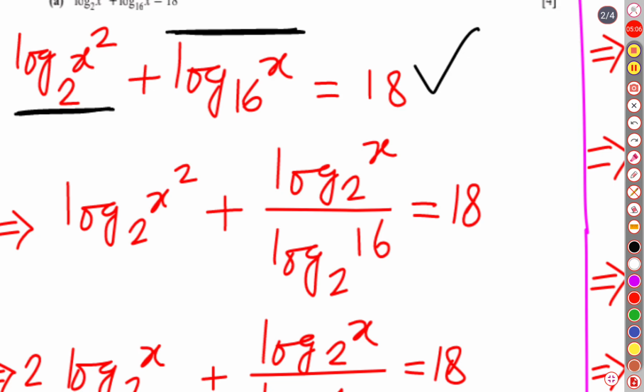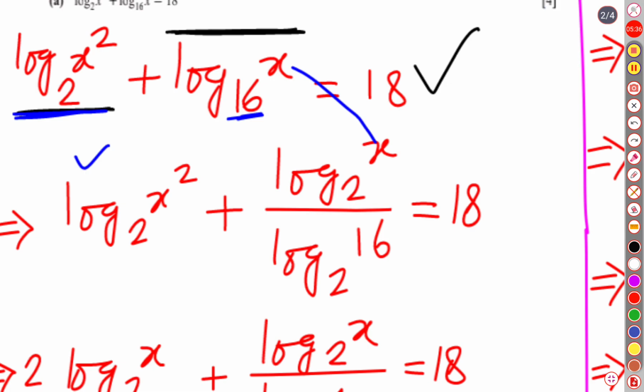Look, our first base was 2, that's why we are going to convert into base 2 logs. So the first one is unchanged. In the second one, we have written the same base, log base 2. Then this argument has become the argument of the numerator, and the base has become the argument of the denominator.